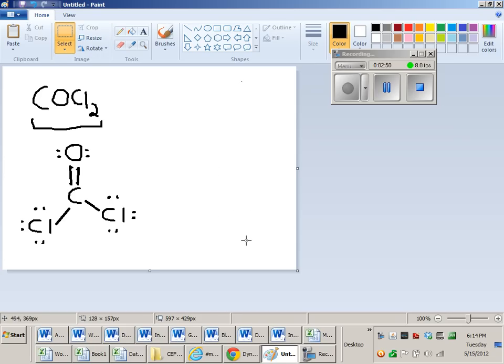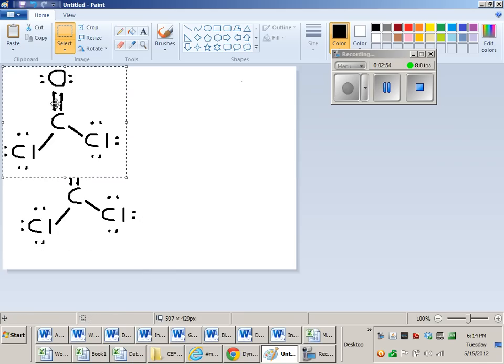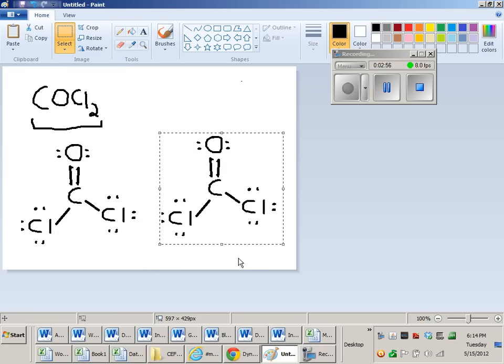Actually, I have a better idea. Hang on. So we would actually think about this bond, these electrons from this bond actually being put back on chlorine. And we would think about it the same way with this bond as well. This chlorine is identical to this one. So we would think about the bonding electrons being put back on this chlorine. And for oxygen and carbon, oxygen is more electronegative.